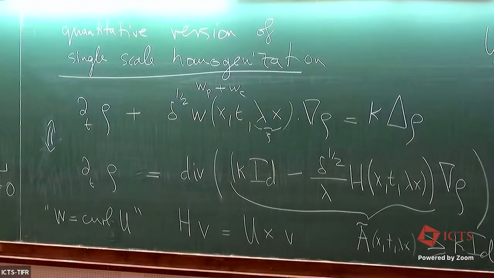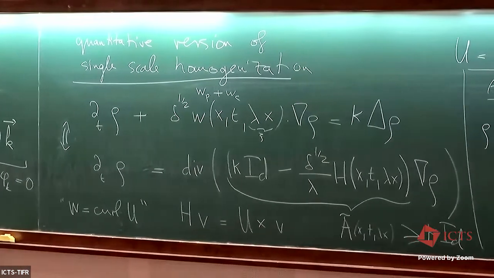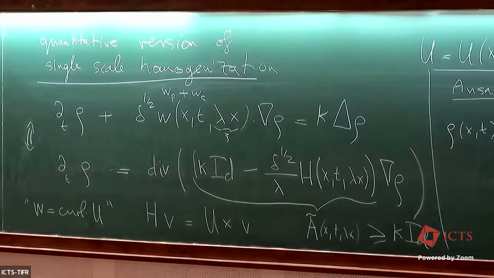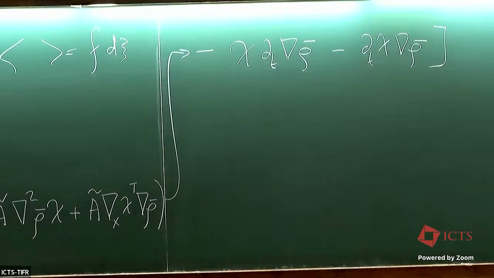So just to pause for a minute about this expression, it is just a computation. All I did so far was to make an ansatz, and I plug in that ansatz. Yes, what happened? It's part of this A tilde.